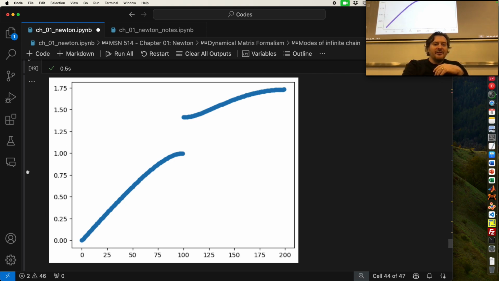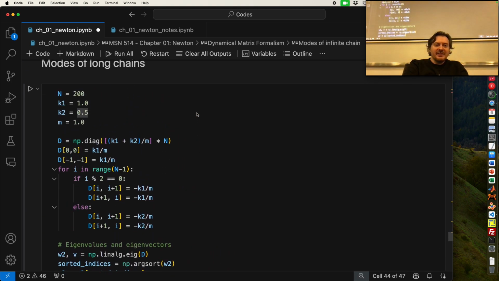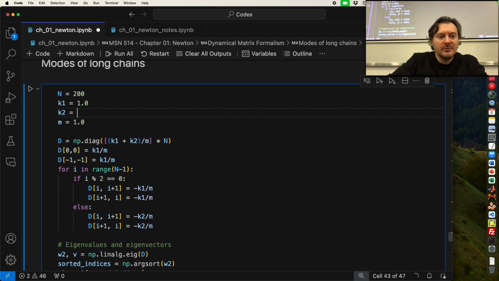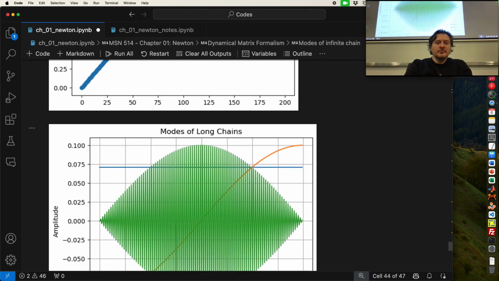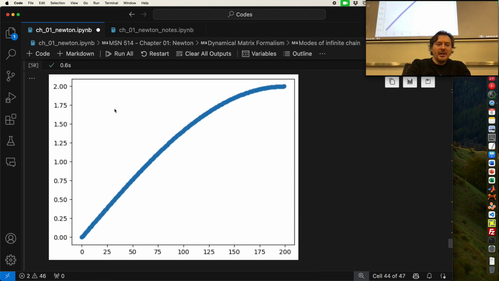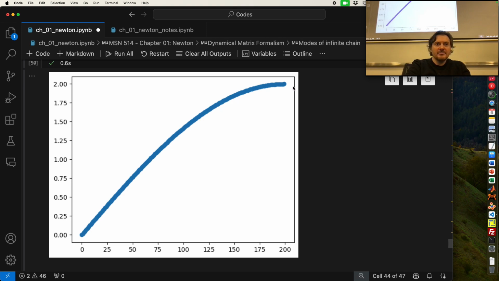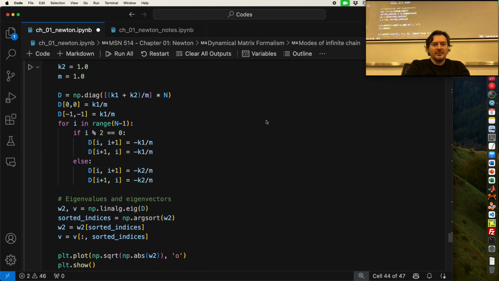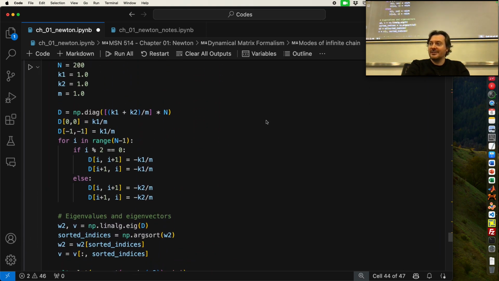Whenever you don't have labels, it's actually the code that I wrote. Okay? Let me show you what happens when k's are equal. When k's are equal, you actually get a continuous line. There must be a simpler way to get this line because it seems like there is some formula for it, right?